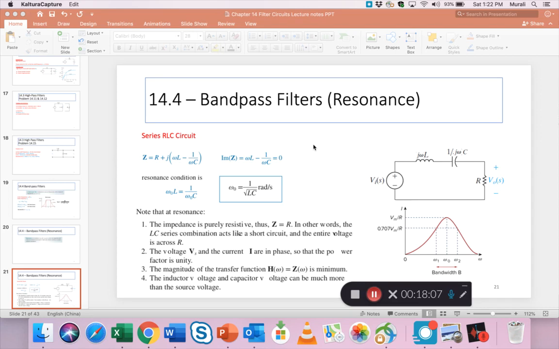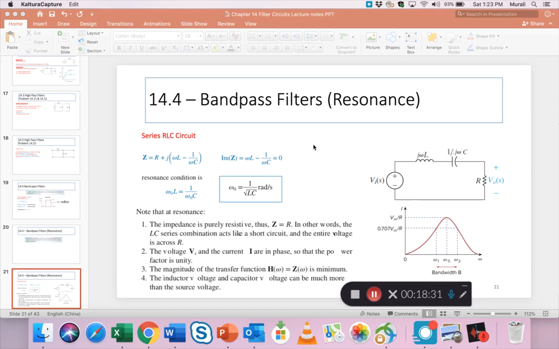So the bottom line is, at a certain frequency, the imaginary part disappears, and that happens when the inductive reactance equals the capacitive reactance, leaving only the resistance, and hence we have the maximum current, and the current is in phase with the voltage.